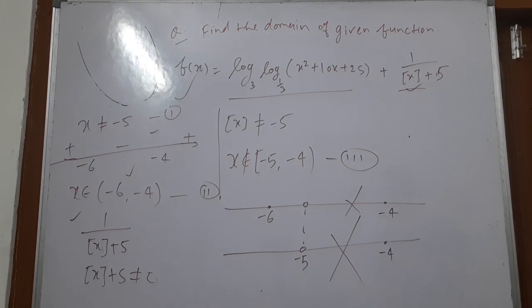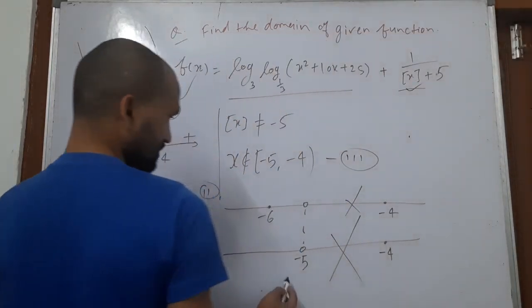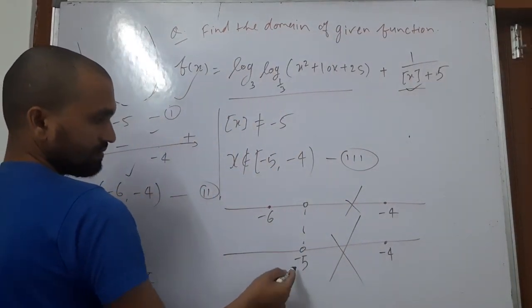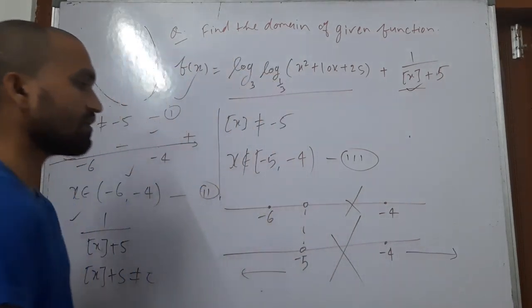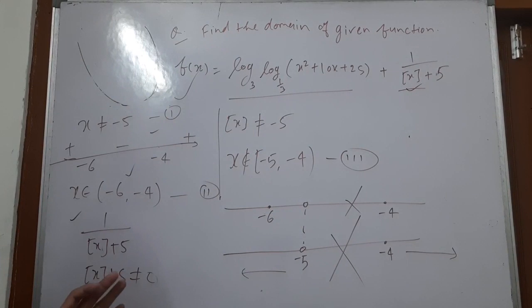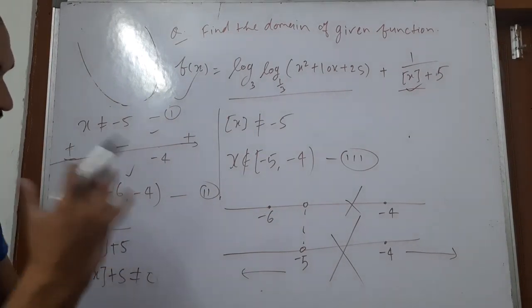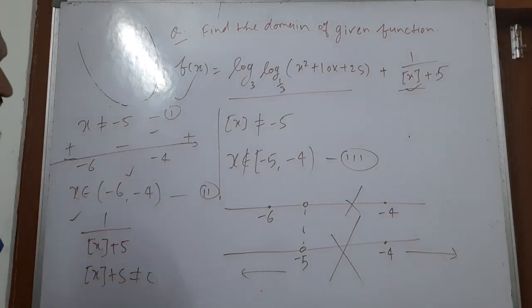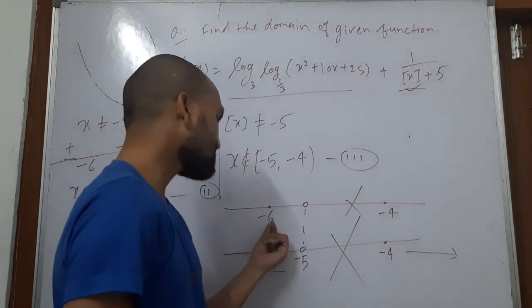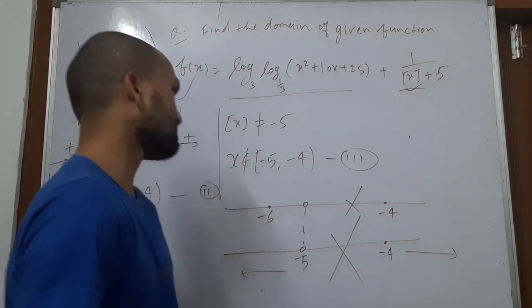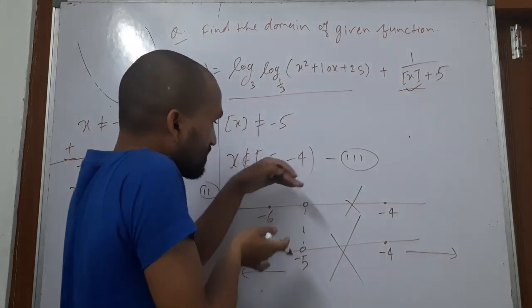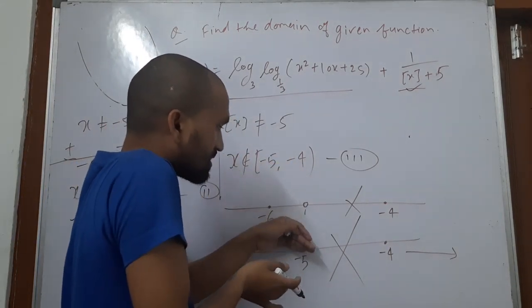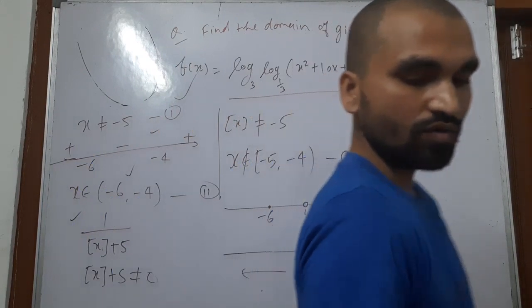Students, the taken region is on the left side and here on this side. So the common region, the region which satisfies each result, is minus 6 to minus 5. This is our valid result for condition number 2 and condition number 3, and also condition number 1.